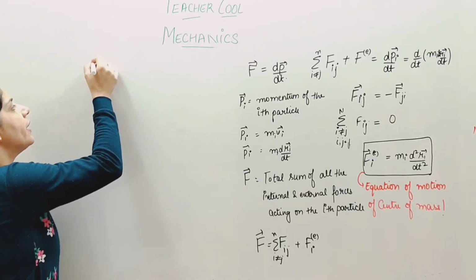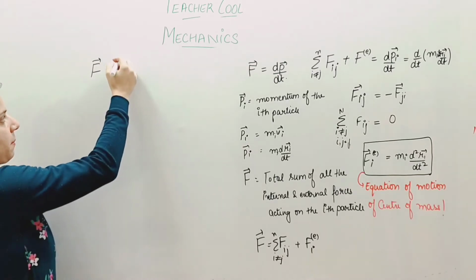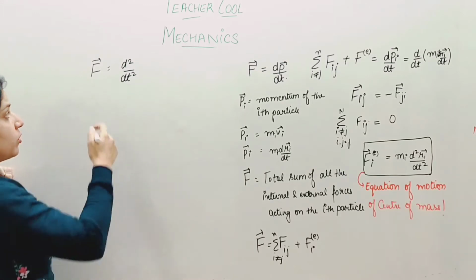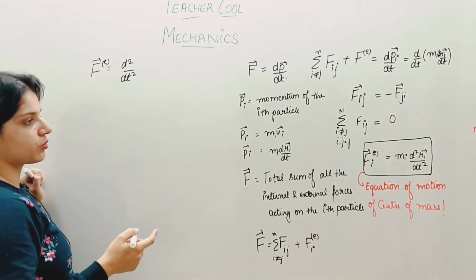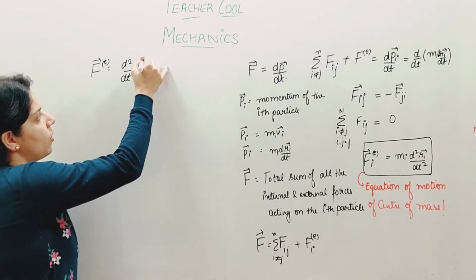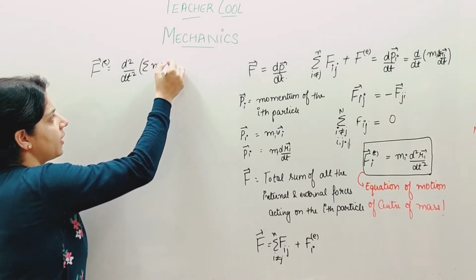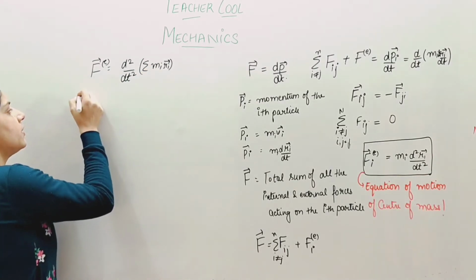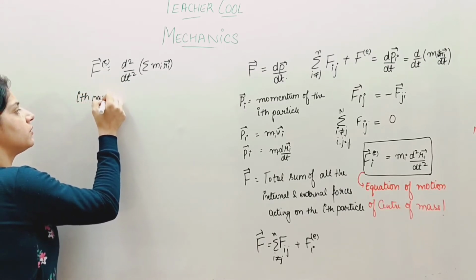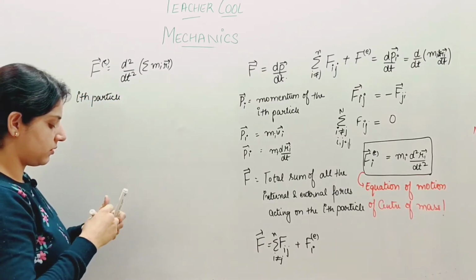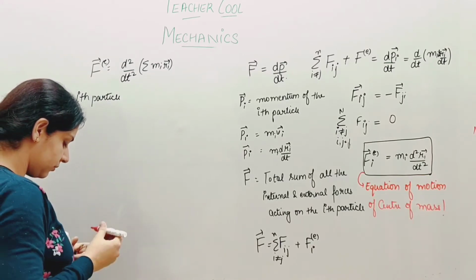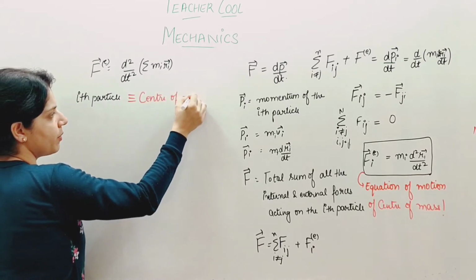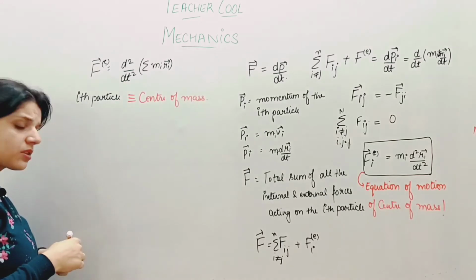So I'll write F over here as d square by dt square of the summation of mi into ri vector, for the complete force which is acting externally, where this ith particle is equivalent to the center of mass of the system of particles.